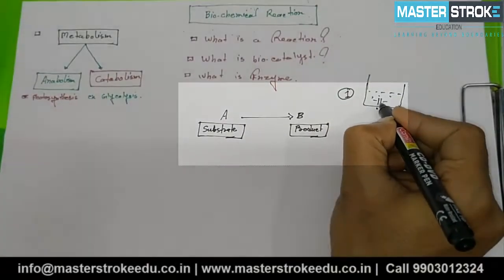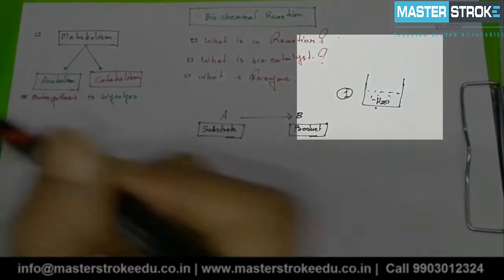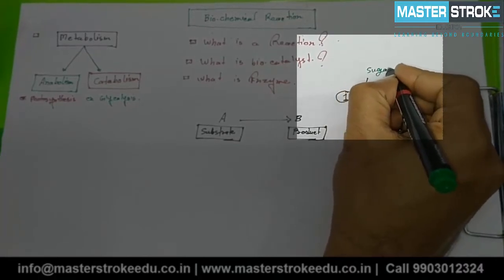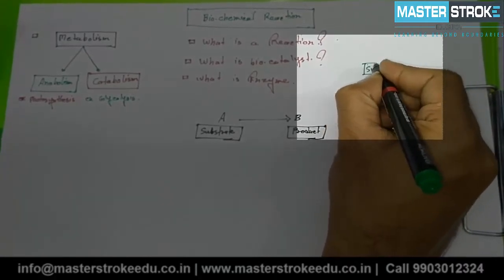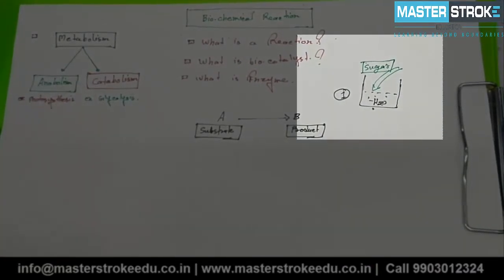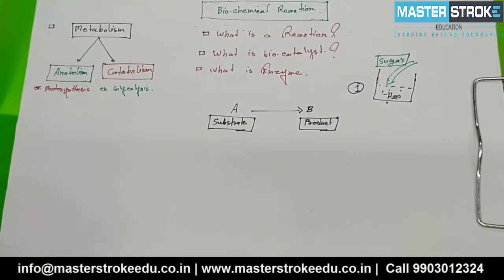This is a glass of water. And we add some amount of sugar molecules to it, put the glass on a table and leave it for 1 week or 1 month.